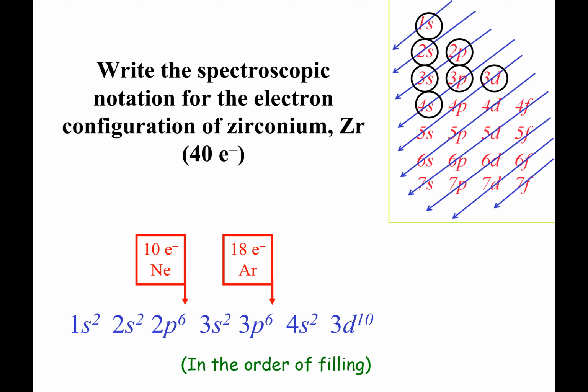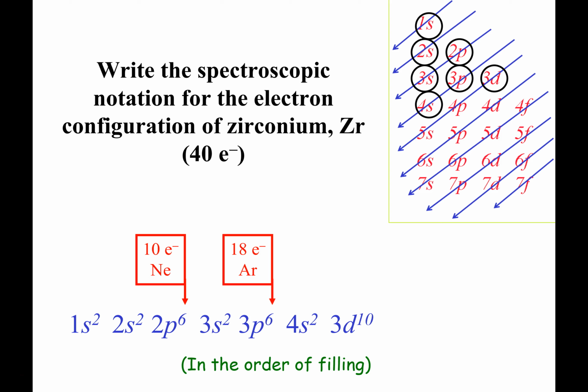So we have 3d10, so 12 plus 18 is 30. Okay, we still have a ways to go.